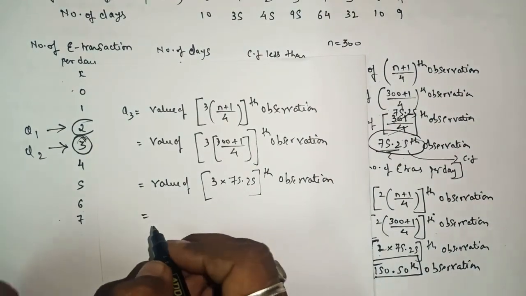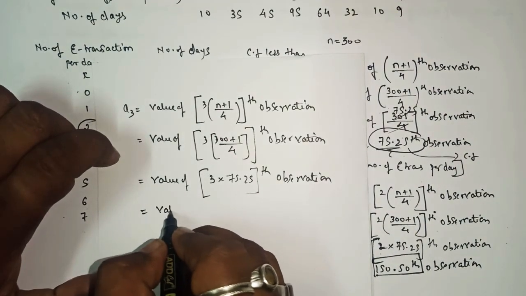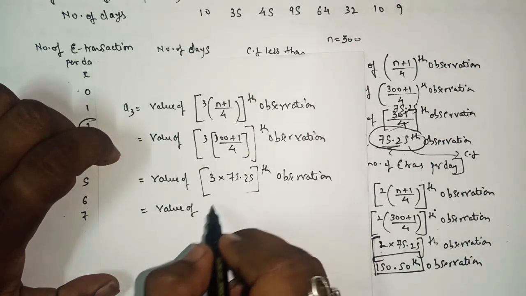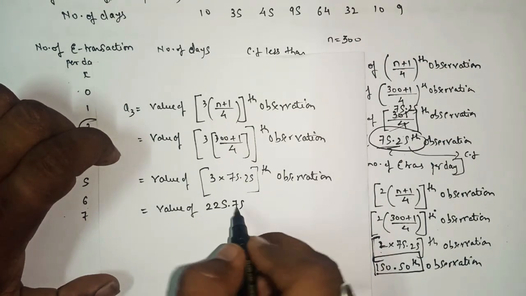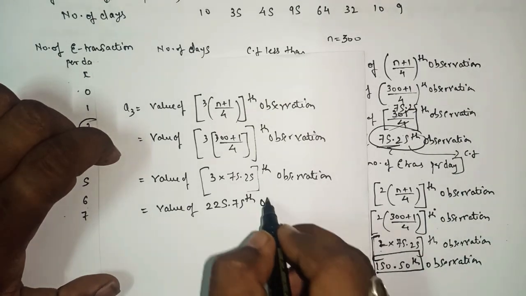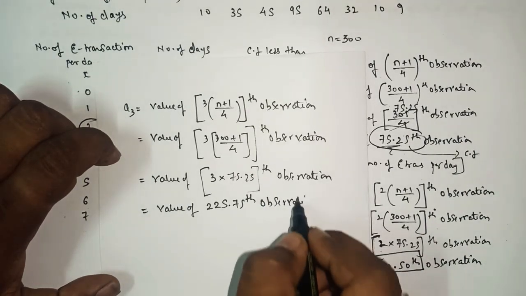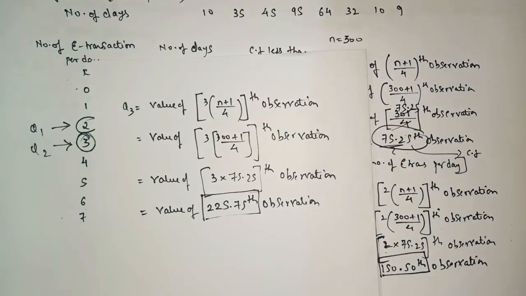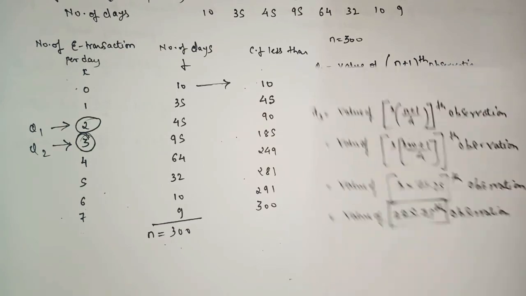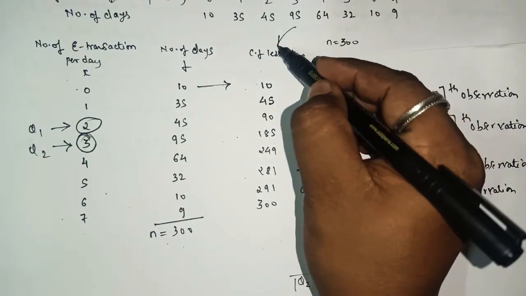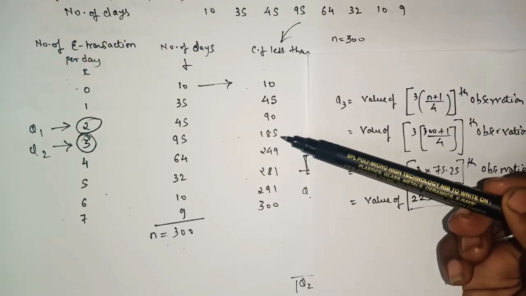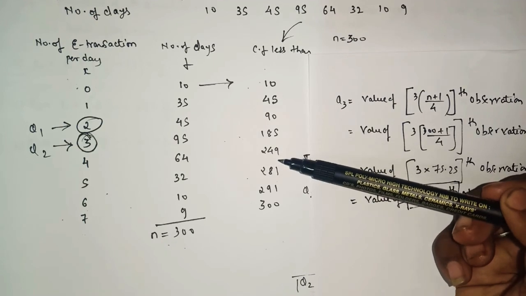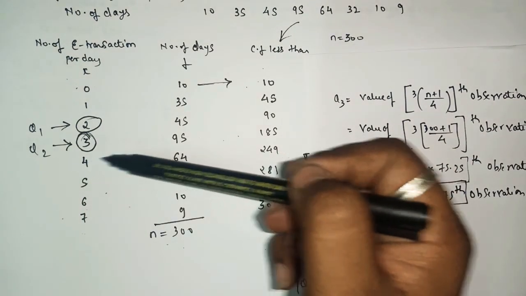So therefore the value of 3 into 75.25 gives 225.75. Again the same, you have to check where 225.75 lies, in the third column, that means in the cumulative frequency. 225 from 186 to 249, it lies in this row, that means the fifth row.